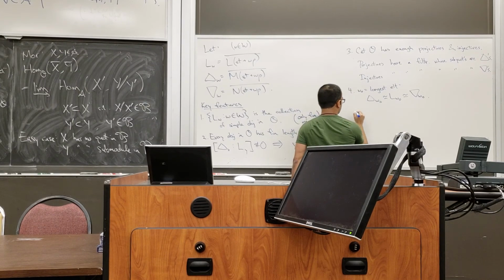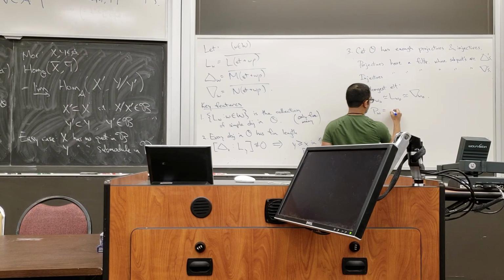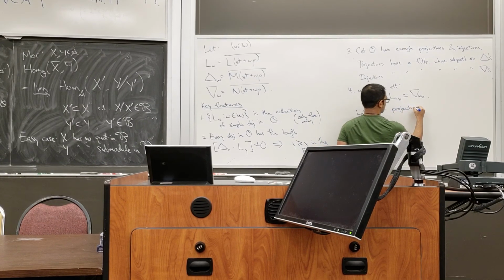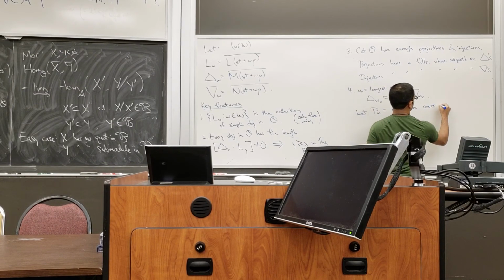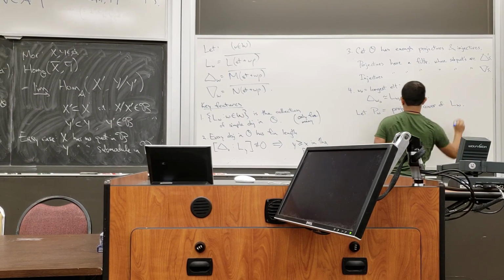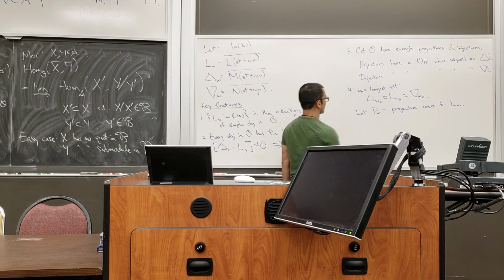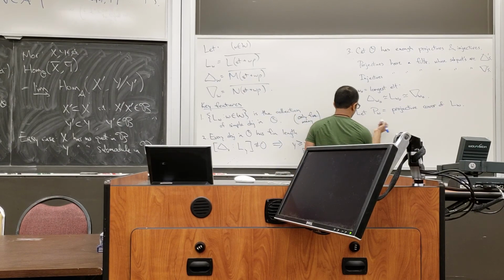At the other extreme, let PW be the projective cover of LW. The extreme case where we can just write this down right away is when W is the identity element.